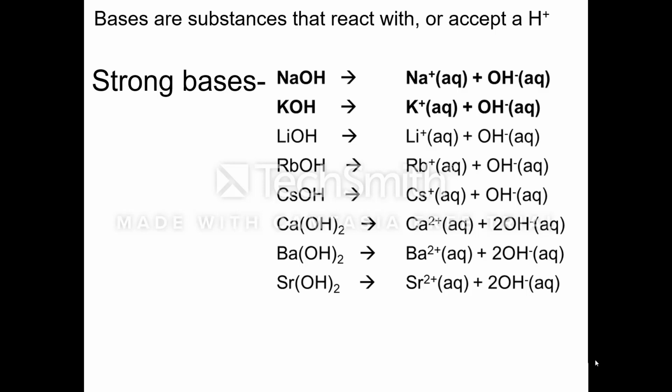Weak bases will have partial dissociation in solution. An example of a weak base is ammonia. Ammonia has a formula of NH3, and when we dissolve this in water it's going to form an equilibrium with the ammonium ion, NH4+, and the hydroxide ion, OH-. And weak bases are weak electrolytes.